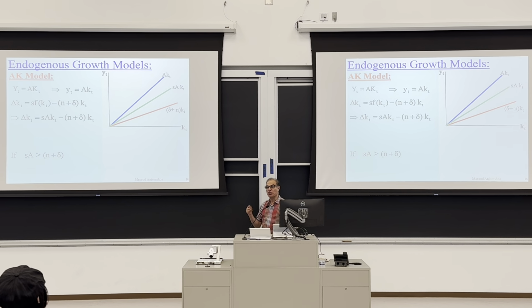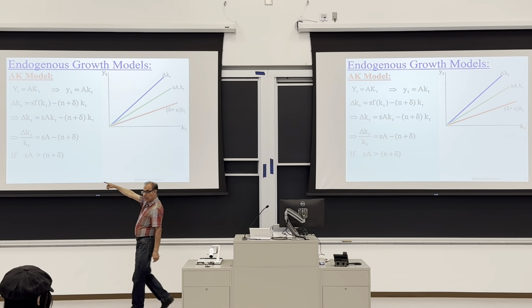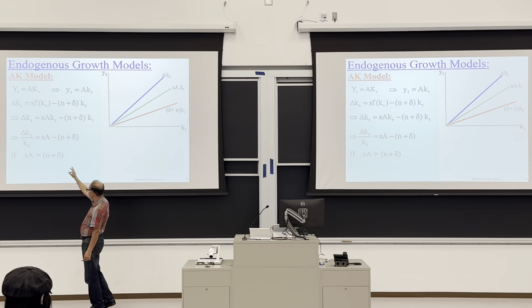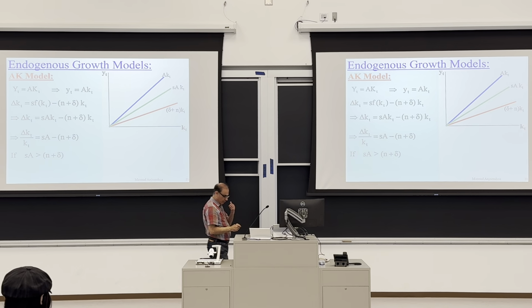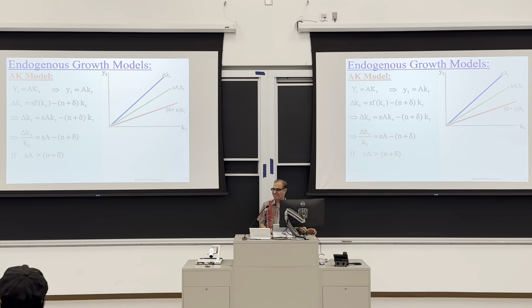But I can measure its growth rate. At what growth rate? Okay. Let me divide both sides by K_t. So K_t goes away, K_t goes away. So I have this. See? The growth rate of capital is equal to sA minus (n plus delta). You see that?